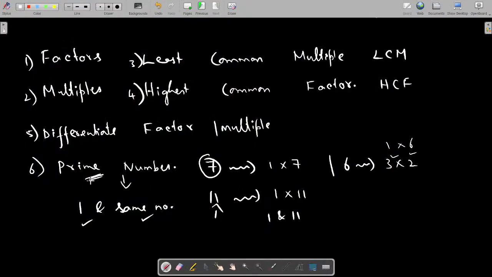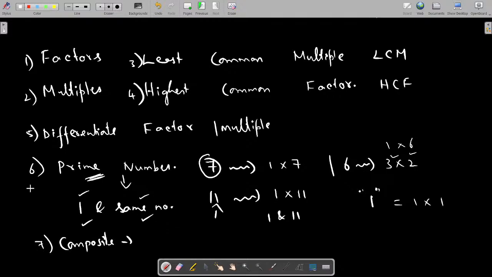So with respect to prime numbers, the factors are 1 and the same number. This is what you call prime numbers. And if you talk about 1 specially, 1 is nothing but 1 into 1, so you can call it neither prime nor composite. What is a composite number? Not a prime number. What is a prime number?